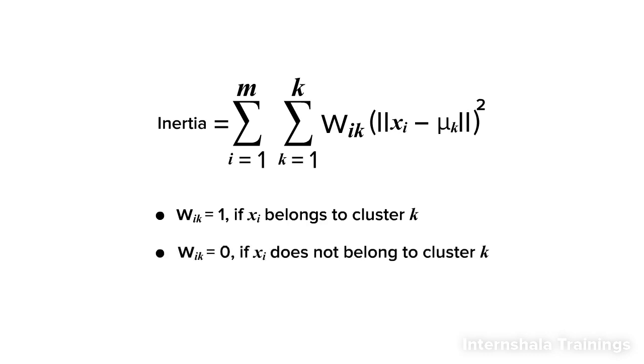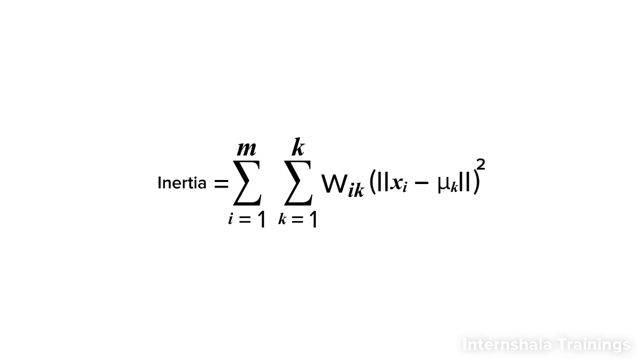Otherwise, if the point does not belong to the cluster k, Wik will be 0. Xi is the ith point and mu k is the centroid of the cluster to which the point xi belongs. We iterate it for all the points and clusters and calculate the sum. Finally, we want to minimize this inertia value in order to have better and meaningful clusters.